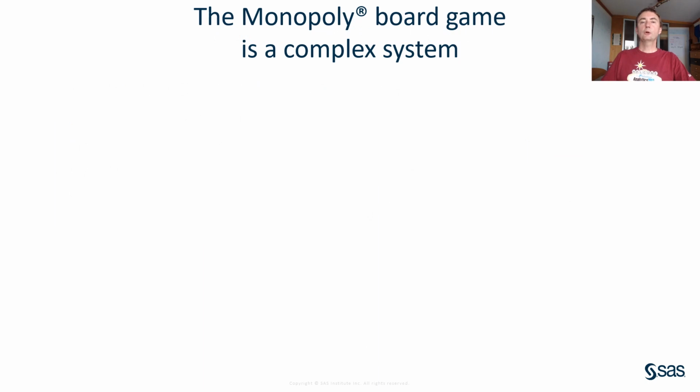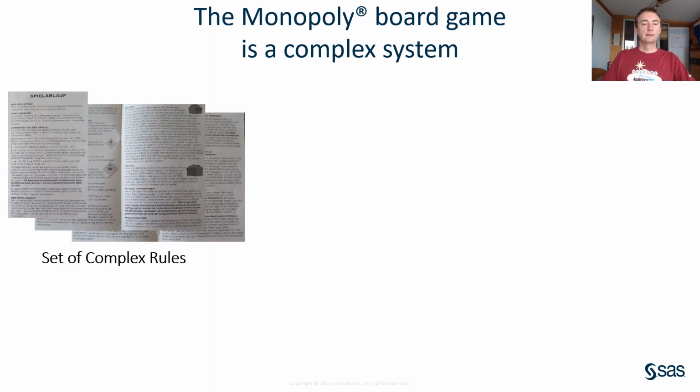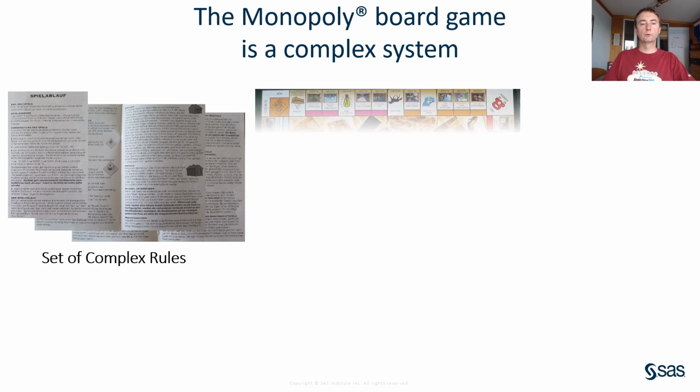When we take a look at the Monopoly board game, we very easily find out that this is also a complex system. We have a set of complex rules, what you have to do, what you should do, how you interact, what is the sequence of actions that you should perform.